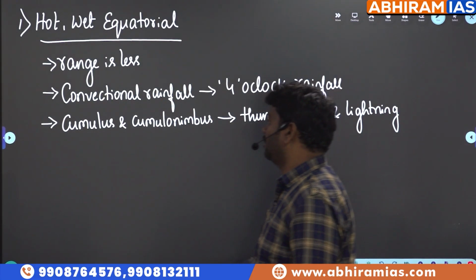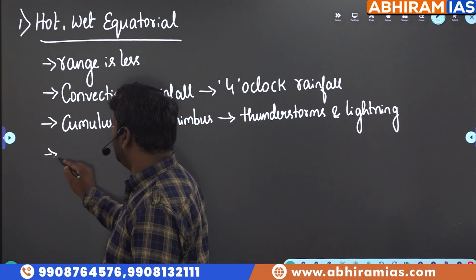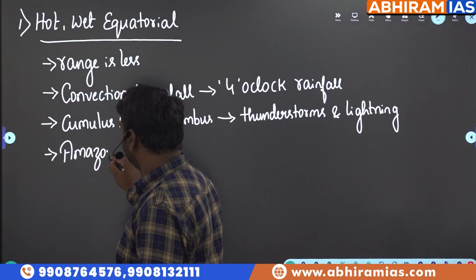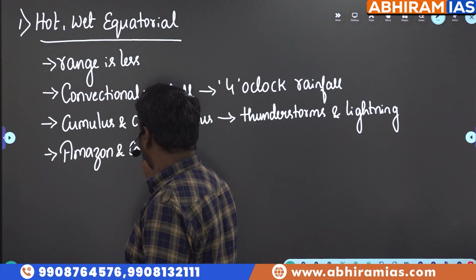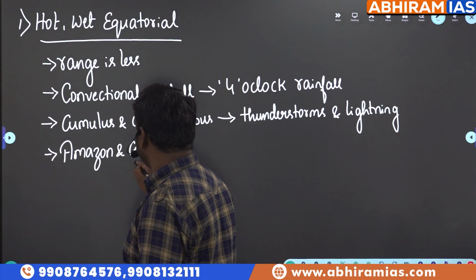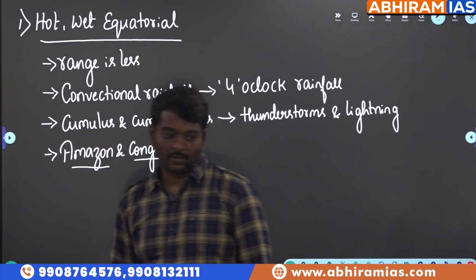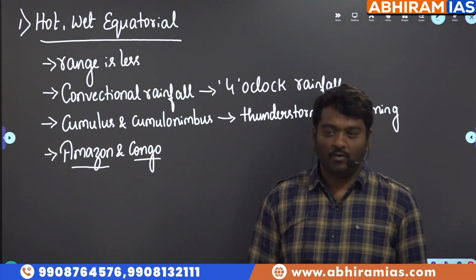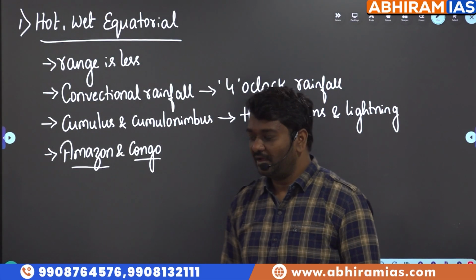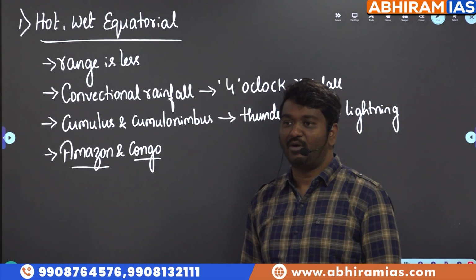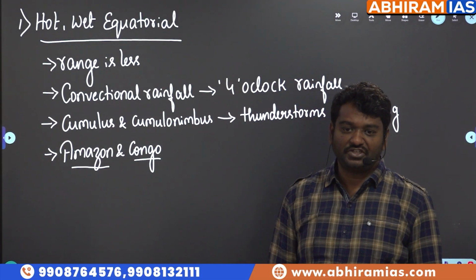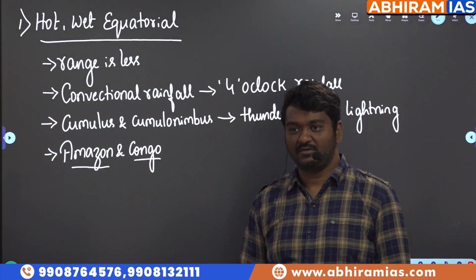Next, where do you observe this? In the world there are two regions, Amazon and Congo. Once they have asked already, which countries are part of Congo? Please try to read which countries are part of Amazon also.